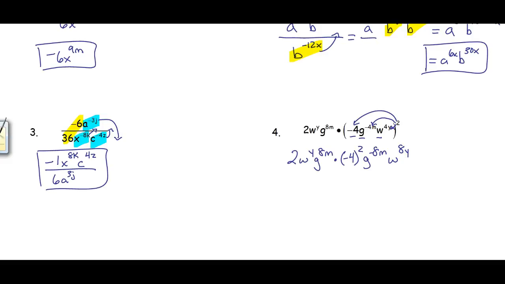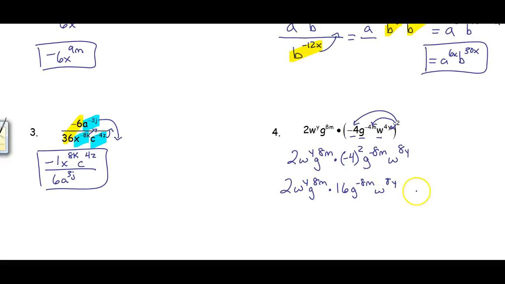Let's go ahead and take care of our whole numbers. So 2wy g to the 8m times 16 g to the negative 8m w to the 8y.